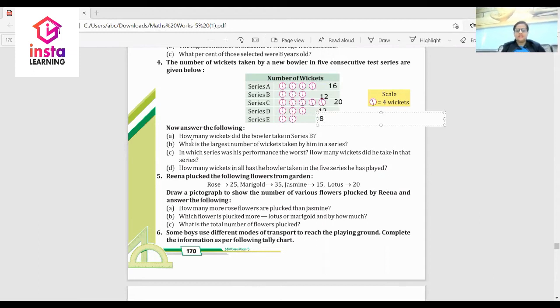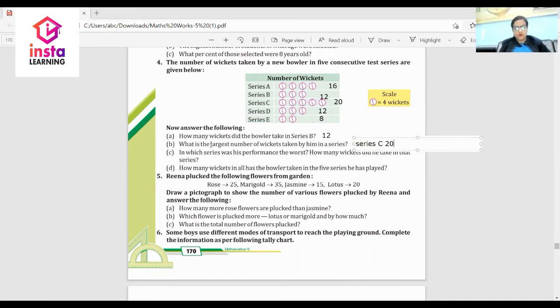Now, how many wickets did the bowler take in Series B? When we see Series B, it is 12 in number. What is the largest number of wickets taken by him in a series? Which is the largest number? That is Series C, and it is 20 in number.